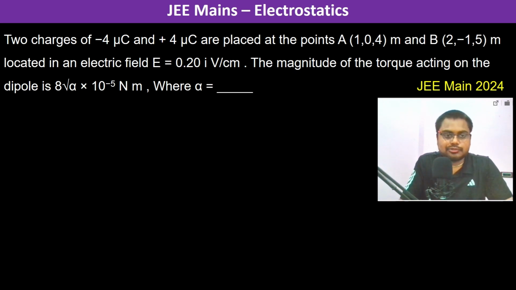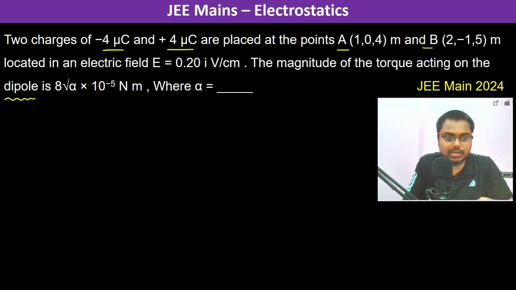Two charges of -4 microcoulomb and +4 microcoulomb are placed at the points A and B as shown here. First of all, let us find out the magnitude of torque acting on the dipole.